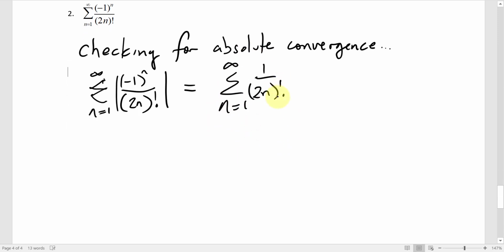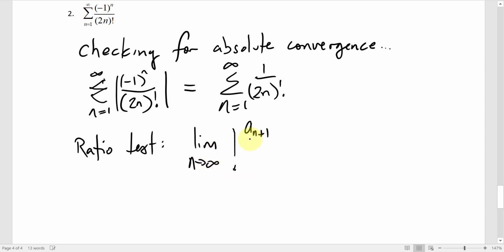Now that factorial suggests the ratio test. So let's go with the ratio test. When you do the ratio test, you take the limit as n goes to infinity of the absolute value of the n plus 1 term divided by the n term. In this case, the absolute values don't matter. But this is where I was talking about before in that other video about how everywhere there's an n, you need to replace it with parentheses and an n plus 1.